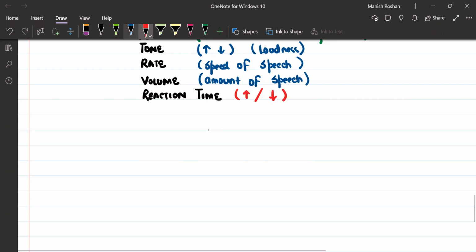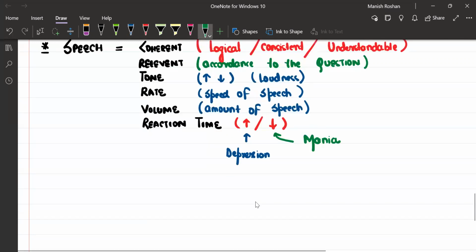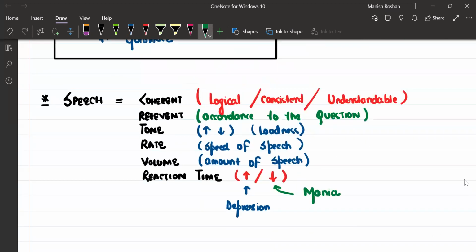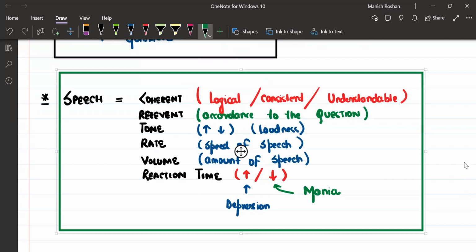So increased reaction time is seen, for example, in depression, where the patient takes more time to start answering, and reduced in mania. So these are the various headings under which speech is described.